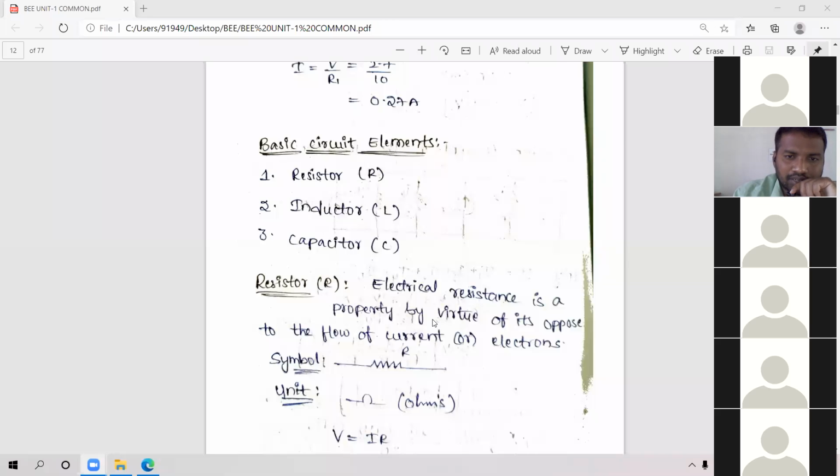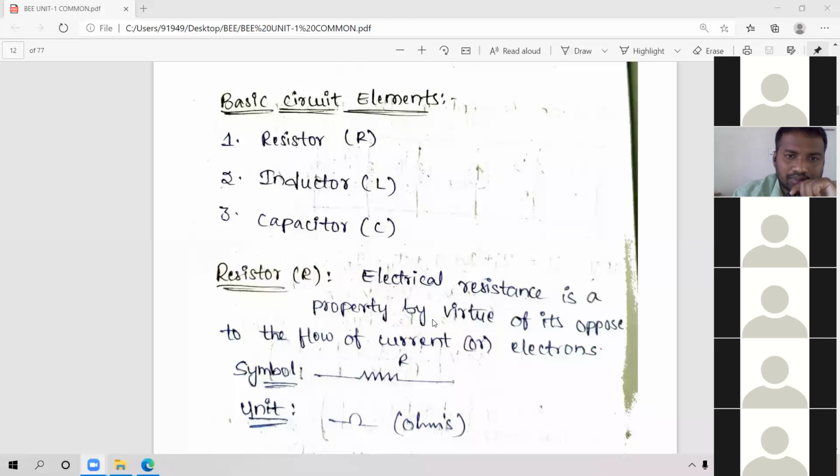You just write down the heading as basic circuit elements. What are the basic circuit elements in an electrical circuit? Resistor, inductor, and capacitor. Resistor is indicated with capital R, the first letter.